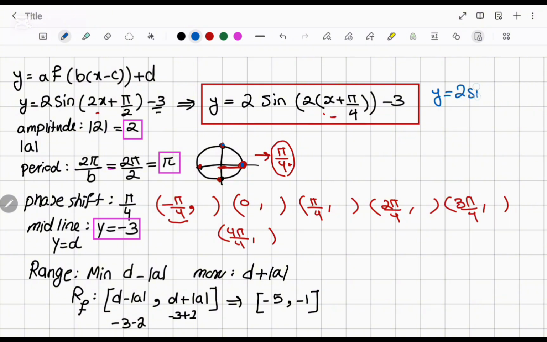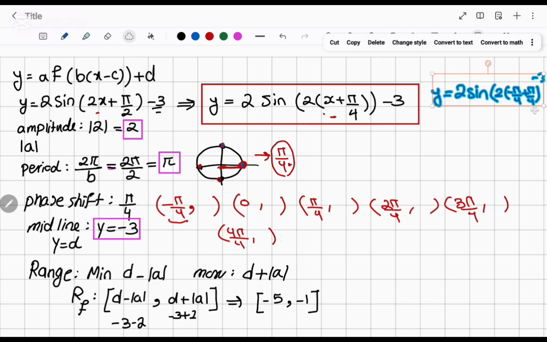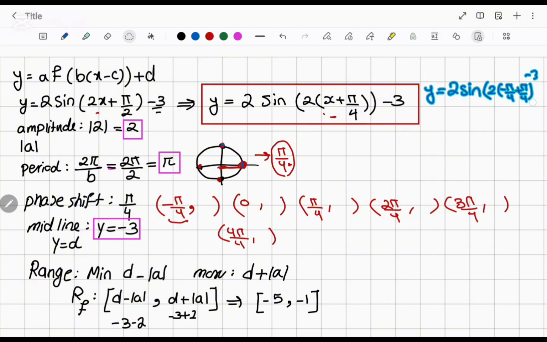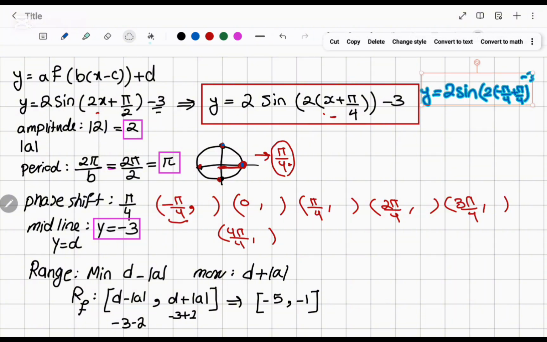So 2 sine, I'm substituting negative pi over 4 again. 2 times negative pi over 4 plus pi over 4, minus 3. Okay, let me move this a little bit to the right. So this part is going to be 0, and 2 times 0 is going to be 0.